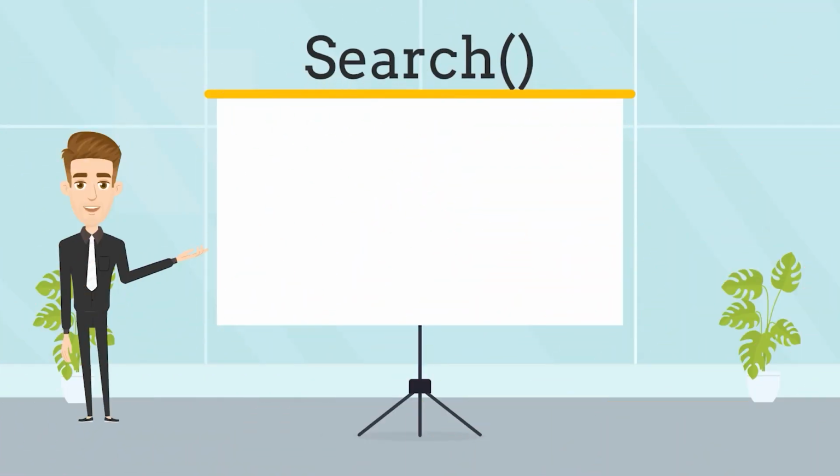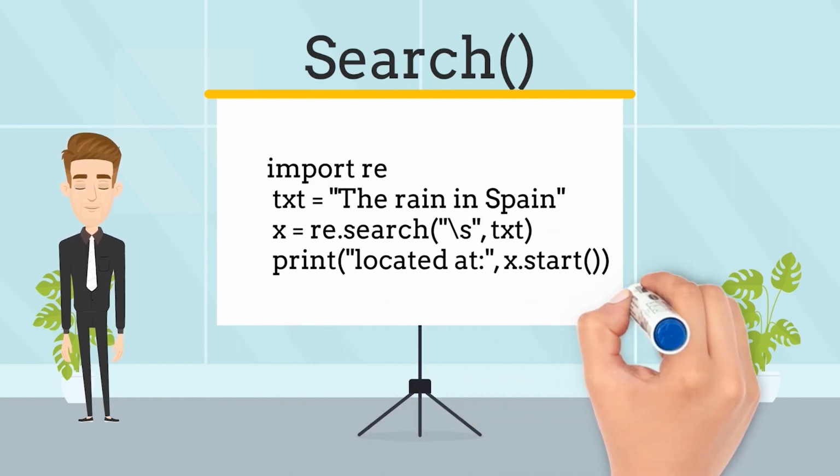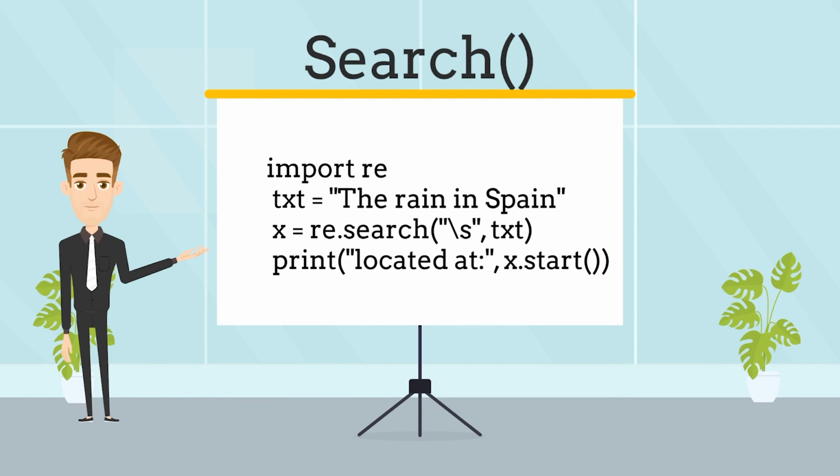Now let's move on to another function, the search method. With its code example, the re.search function searches for the first occurrence of the pattern \s, which is a white space character, in the string text, which is "the rain in Spain". If a match is found, the function returns a special match object that contains information about the search.